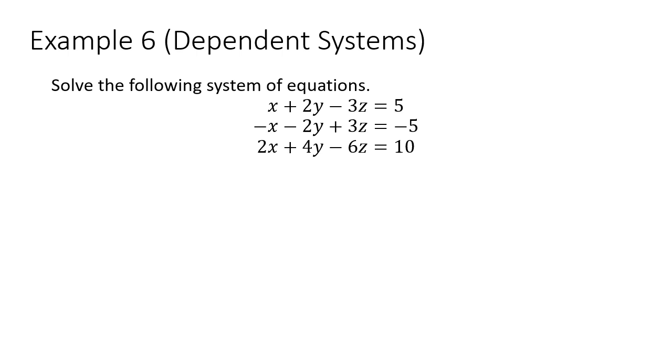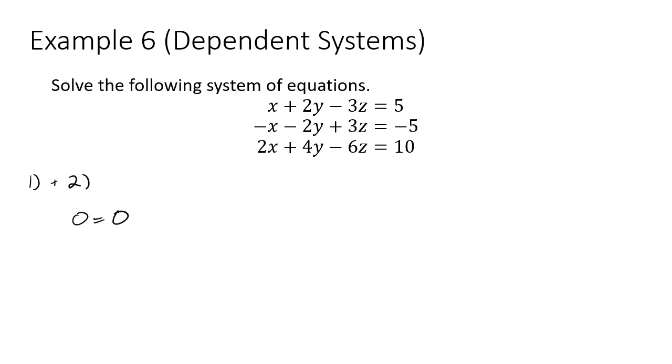Well, what it is that all of these equations are a multiple of each other, right? If you just multiplied this top equation by negative 1, you would get the middle equation. If you take the top equation and you multiply it by 2, you would get the bottom equation. In other words, if you tried to eliminate any variable in this case, so let's say you did 1 plus 2, everything would cancel.